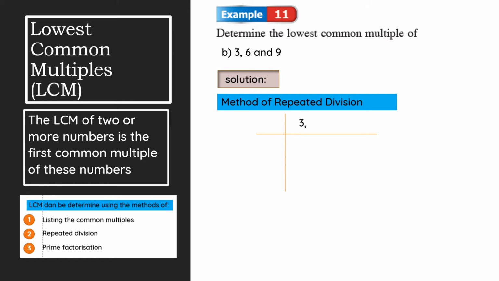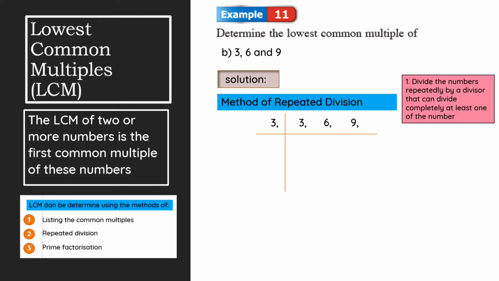After that, we list the numbers from the question on the right: 3, 6, and 9. Next, we need to divide the numbers repeatedly by a divisor that can divide completely at least one of the numbers. So, we are going to divide these numbers by 3.